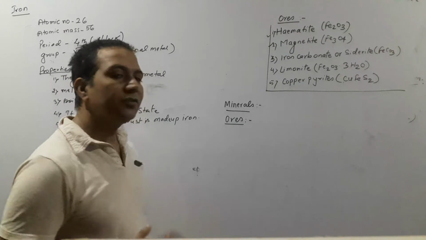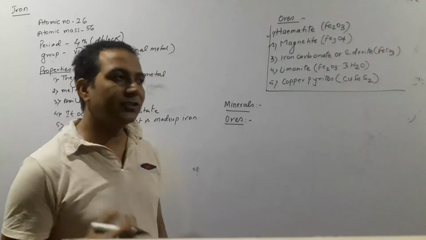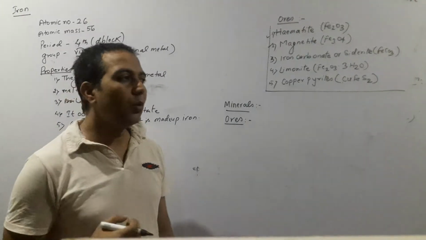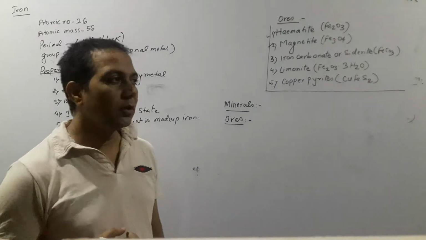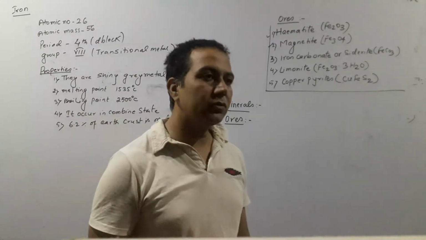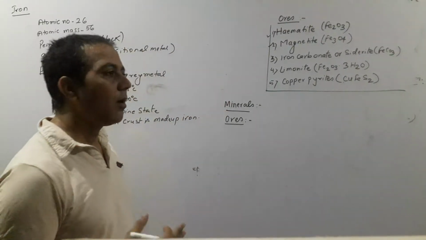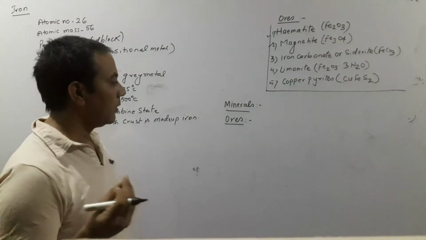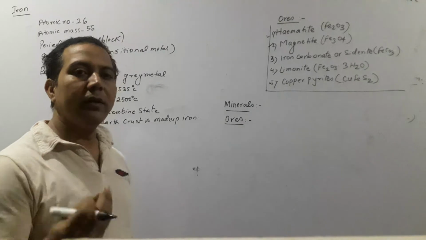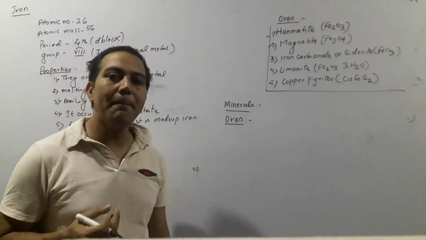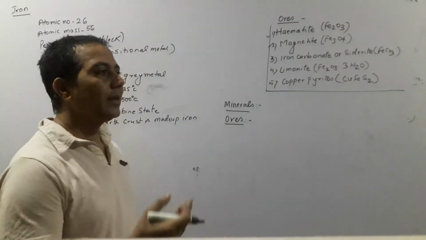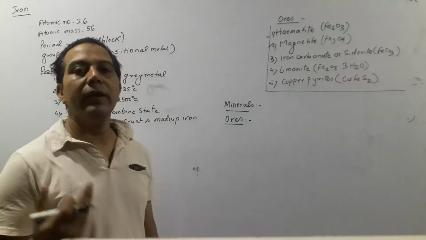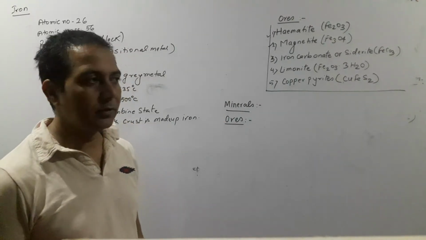For industrial use or industrial extraction of metals, ore is used. So ores are those compounds formed by combinations of two or more materials which contain a large amount of metal, so that they can be used for industrial extraction.